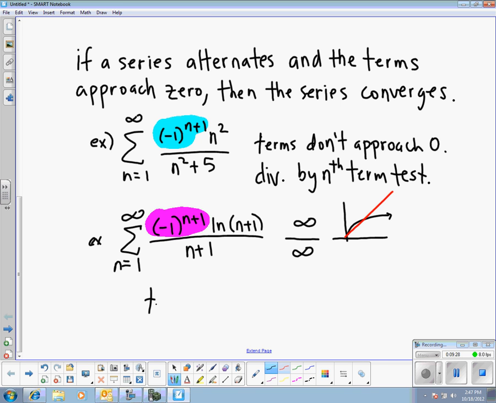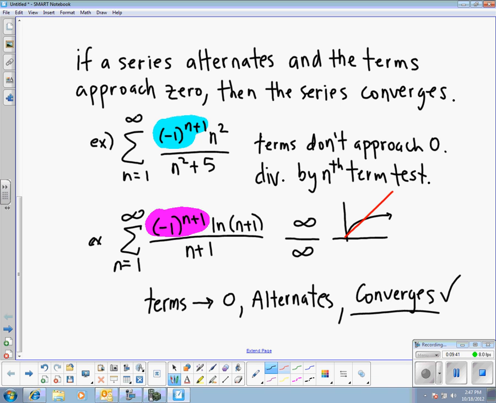So terms go to 0, it alternates, so we have convergence. That's it. That's probably not the most technically sound way to answer this question, but for the most part, you're going to be answering this in a multiple choice on your AP test.